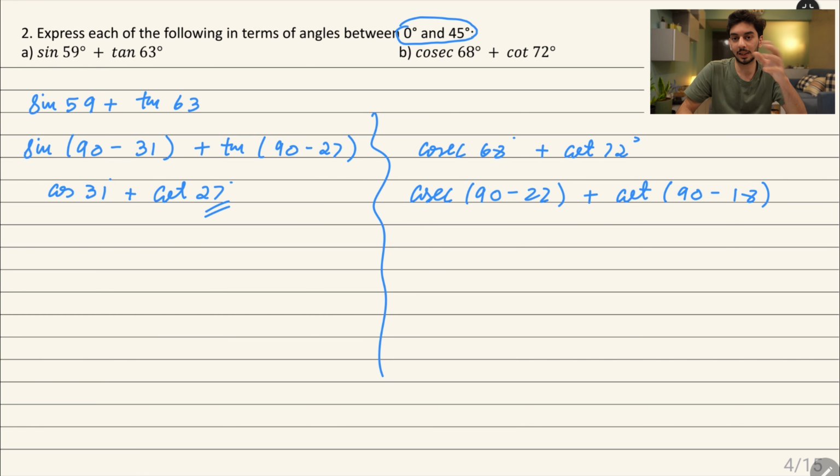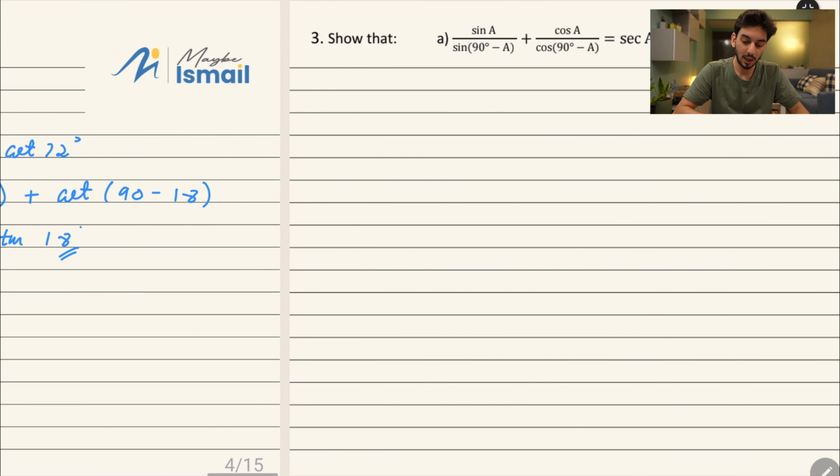Okay, 90 minus 18 is 72 and 90 minus 22 is 68. Now we use the rules. Cosec 90 minus theta is sec theta. So this becomes sec 22 plus cot 90 minus theta is tan theta. So this becomes tan 18 and that is it. 18 degrees and 22 degrees are angles between 0 and 45 degrees. That is it. Okay. Next question.